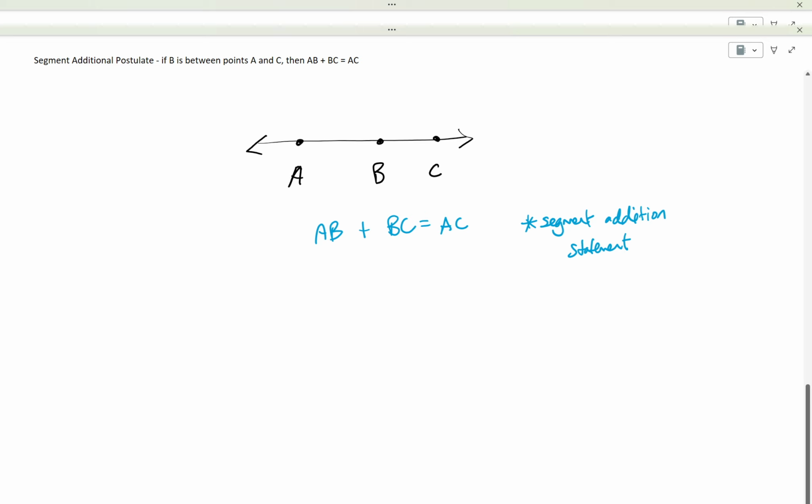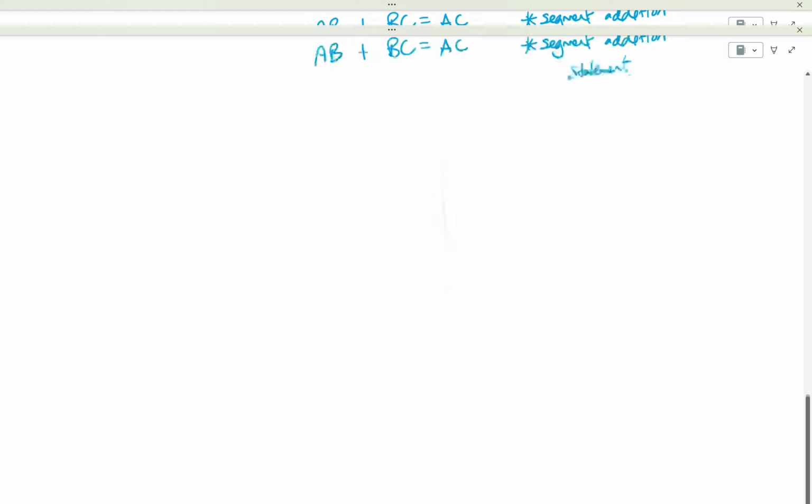But a statement is definitely true or definitely false. AB plus BC is equal to AC. When I have this entire thing written out, it's my segment addition statement. Please bear with me because that's going to come up again in the second chapter. It's pretty important. There is no segment subtraction. That's going to come up in one of our next examples.